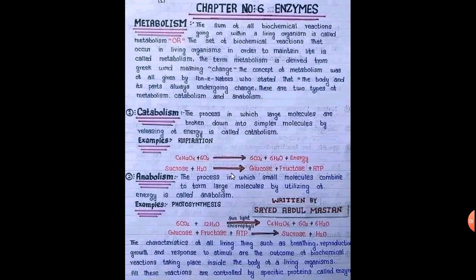It involves using smaller molecules to combine to form very large molecules, as seen in photosynthesis, combining carbon dioxide and water in the presence of sunlight and chlorophyll in plants to generate glucose, or combining glucose and fructose as monosaccharides in the presence of ATP to generate sucrose.